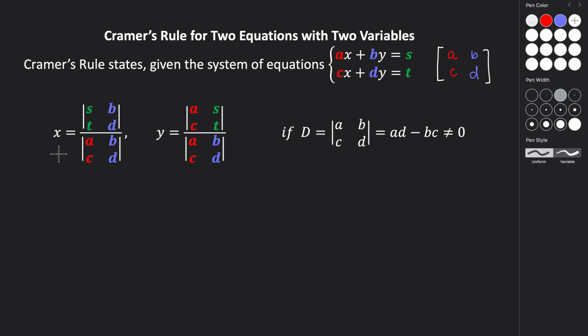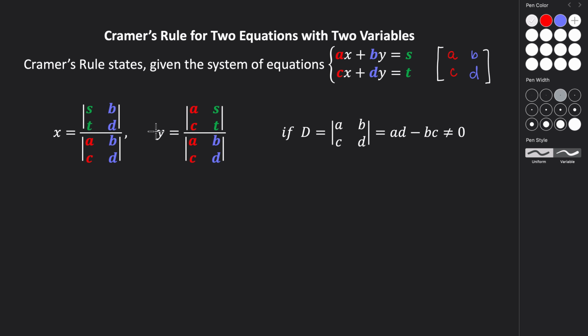Because we're looking for x, in place of our coefficients for the x values, we're going to put the constant values, s and t, in their place. You can see that here we have s and t in place of a and c, which are our x values. The y values stay in place, and we take the determinant of that. Again, the denominator is just the determinant of the full coefficient matrix.